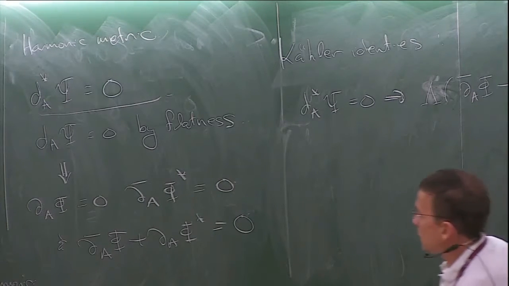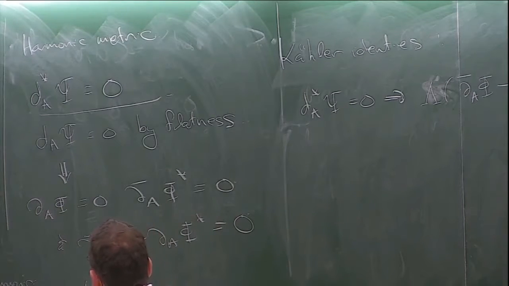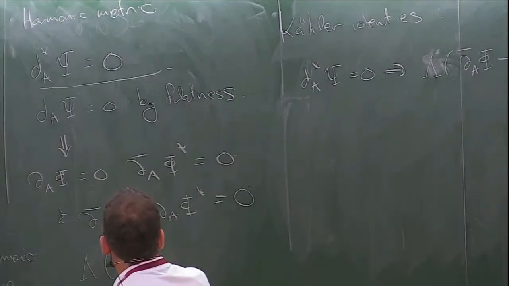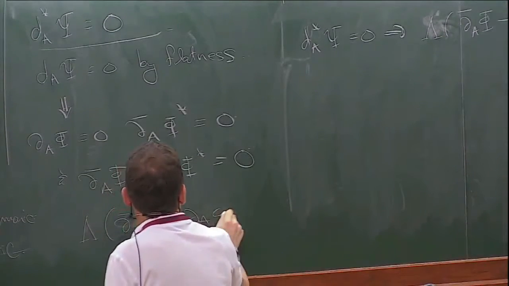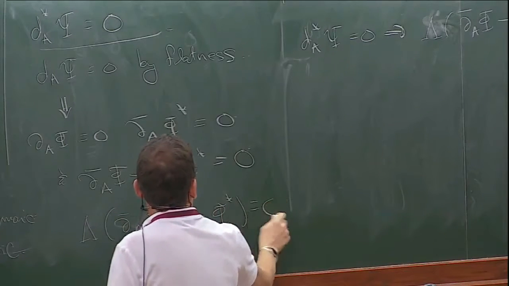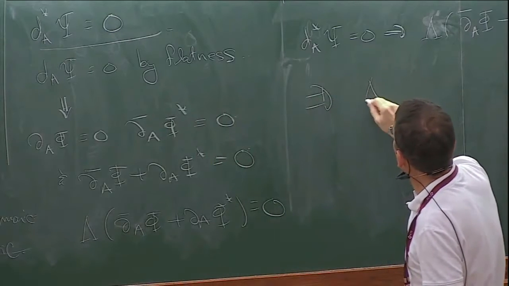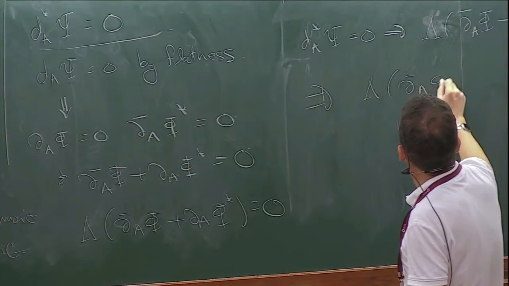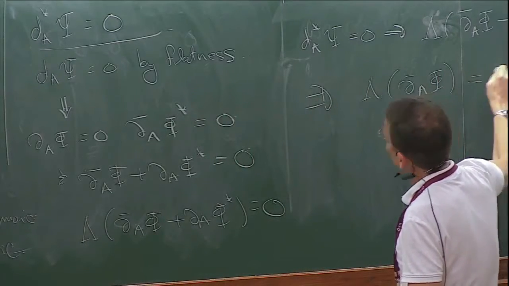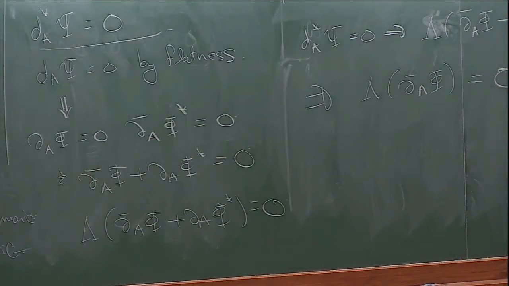Okay, so of course we can take lambda of this equation here, and now we get what we want. So the two of these together imply that lambda d bar of A is 0. And so the only thing that survives, in contraction with the Kaehler form, is the 1,1 part. And so that's the one that we had to check.